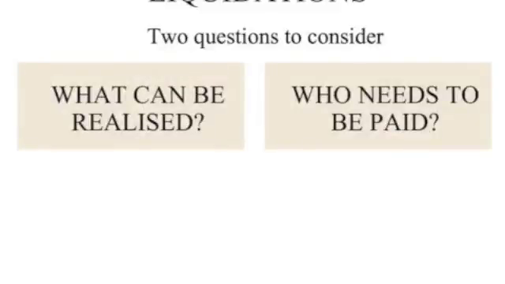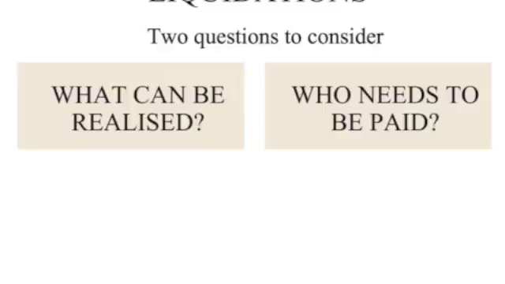In the liquidation process, there are basically two questions that need to be considered. First of all, we want to know what can be realized, so looking at the assets of the company that's being liquidated. And then secondly, who needs to be paid, to see how the proceeds from the realized assets need to be distributed.